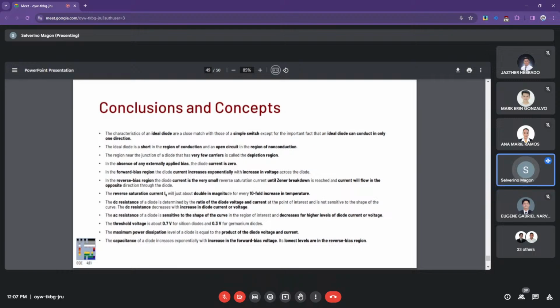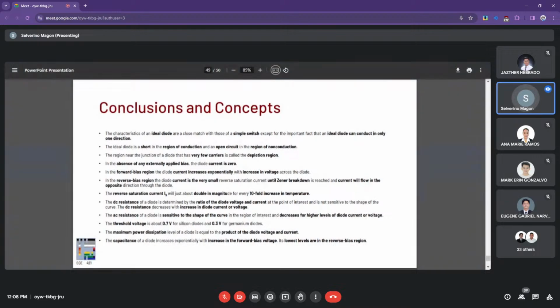So again and again, you have to remember the threshold voltages: 0.7 for silicon and 0.3 for germanium. Reverse saturation current increases, and this is actually observed to be doubled in magnitude for every tenfold increase in temperature.